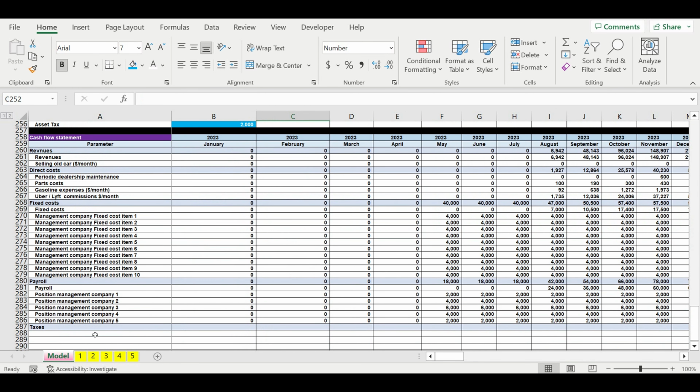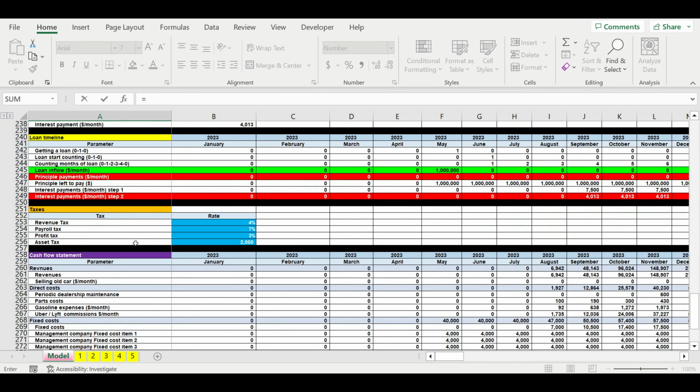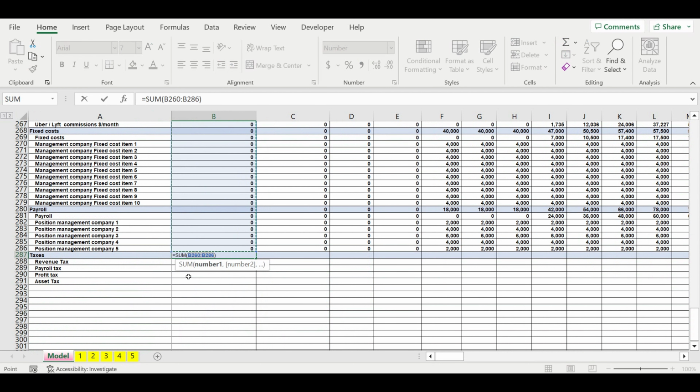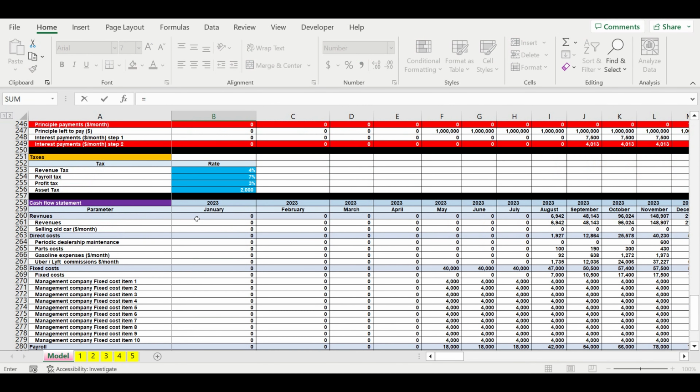The taxes, I will place their names here on the left. For revenue tax, I will take revenues and multiply them by this value. I will freeze this cell.